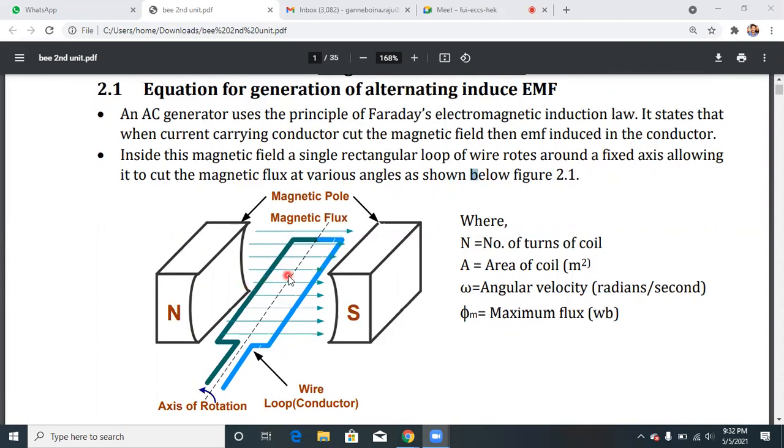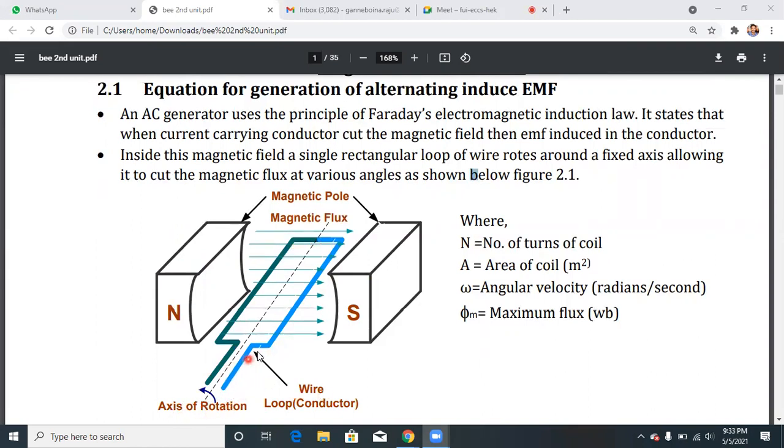According to Faraday's law, a rotating conductor placed in a stationary magnetic field experiences some EMF. The conductor is rotating about an axis of rotation.